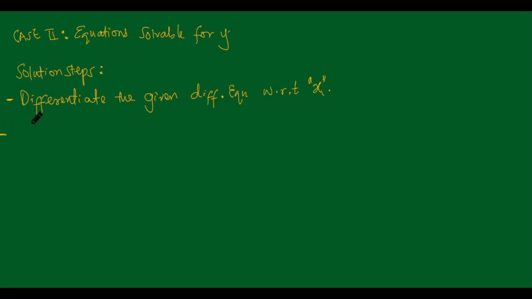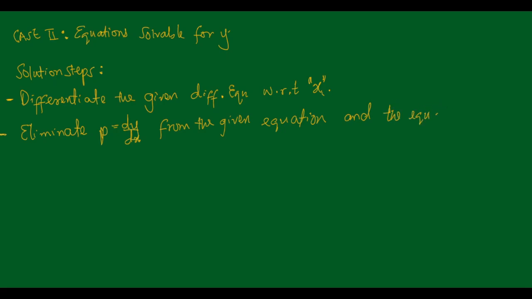So after differentiating it, you eliminate p, which is dy dx, from the given equation and also the equation that we obtained after differentiating with respect to x.